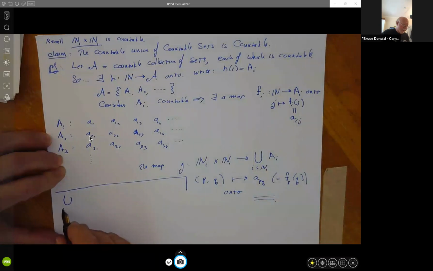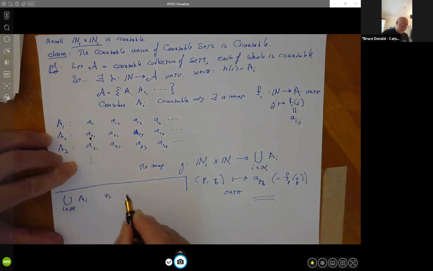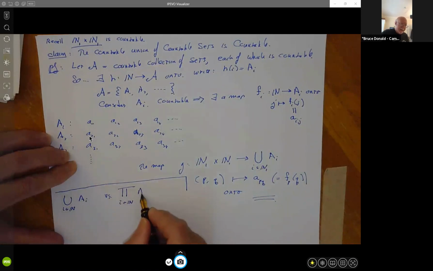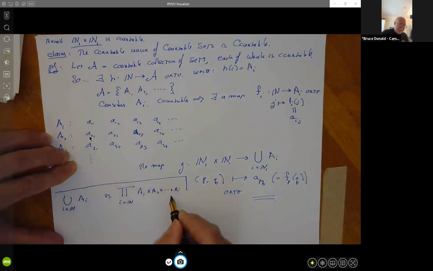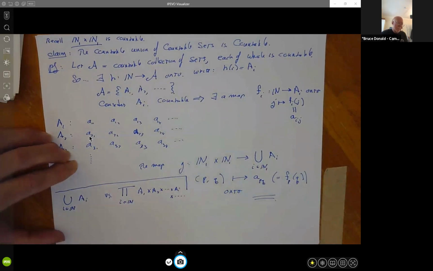The countable union over i in N of countable sets A_i. Let's compare that to the countable product for i in the natural numbers of A1 cross A2 cross all the way up to A_i cross all the way up to infinity.